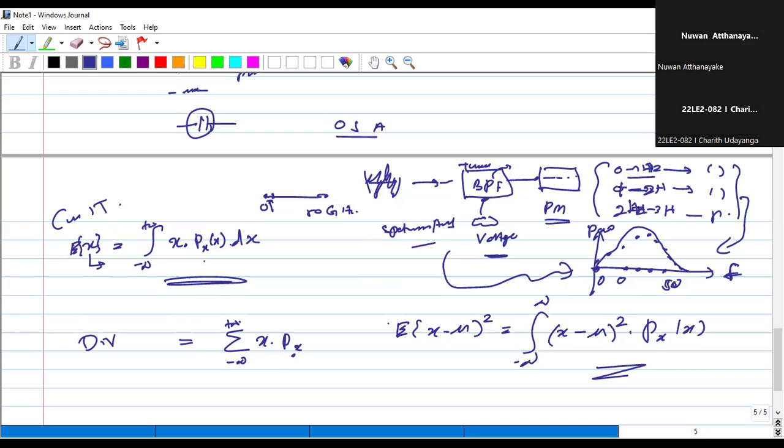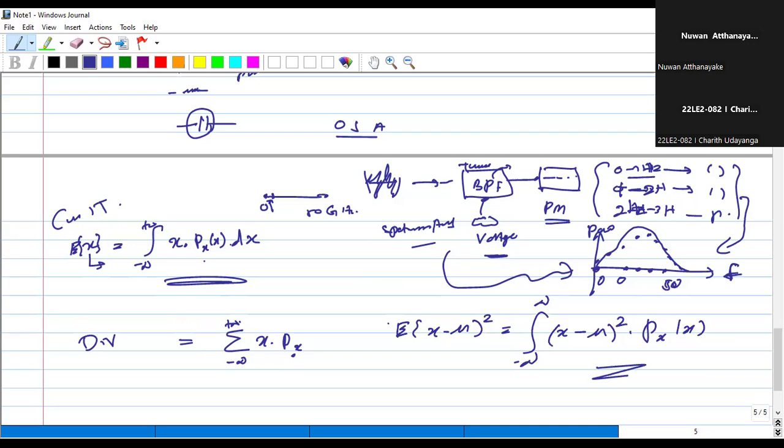There is a battery, and we measure the battery voltage using a voltmeter. Let's say we have measured it 10 times. First time we get 5, then 4, 5, 4, 4, 3, 2, 5, 5, 3, like this. 1, 2, 3, 4, 5, 6, 7, 8, 9, 10.